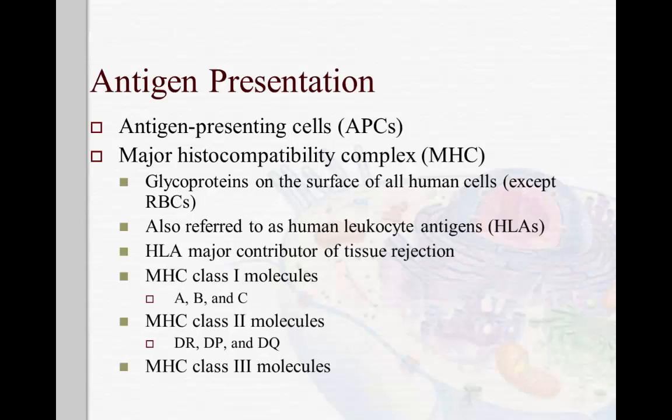We talked about that the most common area of presentation is the lymphocytes, okay? And the antigen presenting cells could be located in the RBC, but the major histocompatibility complex is not present in the RBC. Those are referred to as HLA as well, or human leukocyte antigen.